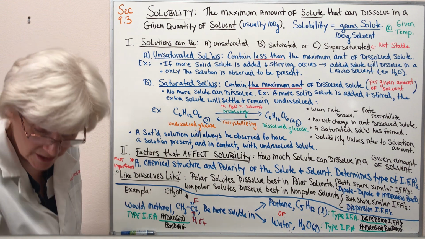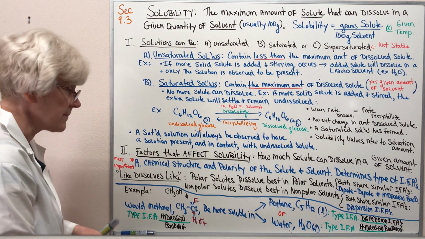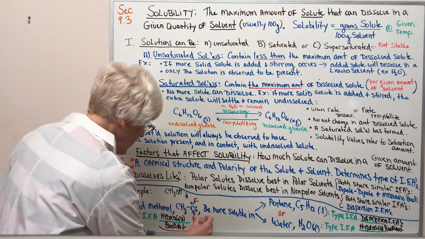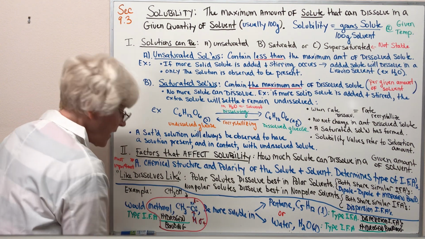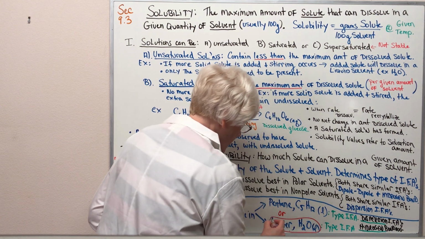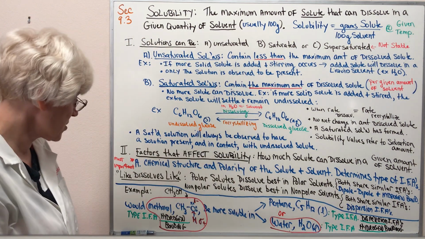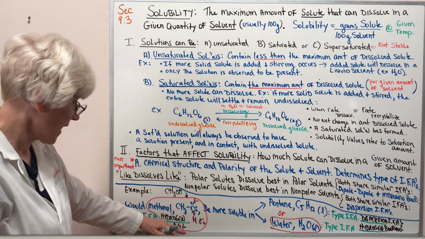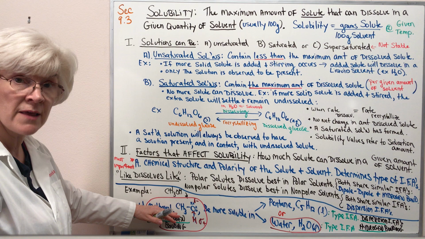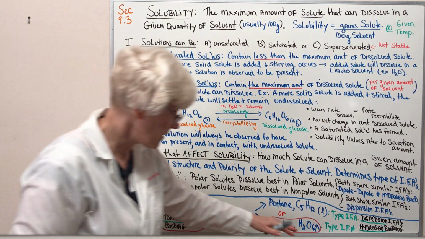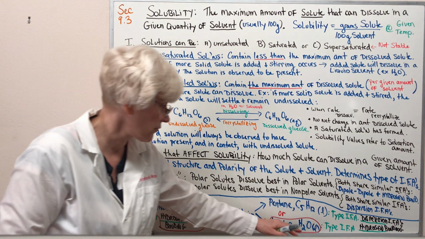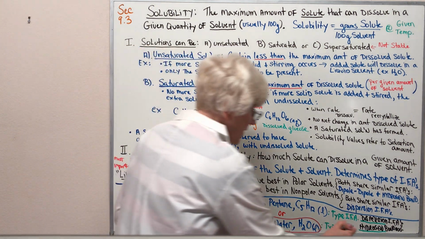Clearly, based on similar polarity and intermolecular forces of attraction, if we wanted to dissolve methanol and make a solution, we should choose water as our solvent, because the hydrogen bonding intermolecular forces of attraction in methanol are similar to the hydrogen bonding intermolecular forces of attraction present in water.